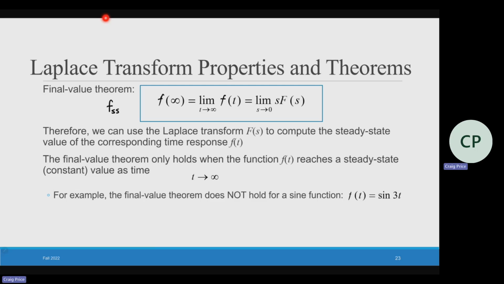So we can use this to find the steady state value. Now it has to have a steady state. It cannot be oscillating. Otherwise, we will not get an answer. So it does have to be typically like a step input. So it doesn't hold for a sine function, anything like that.